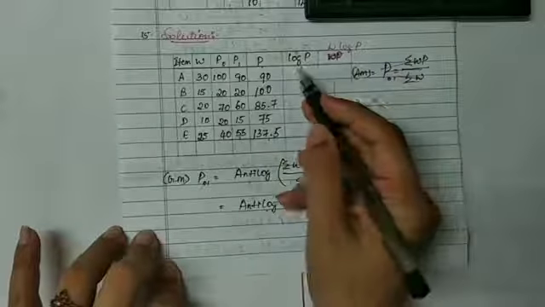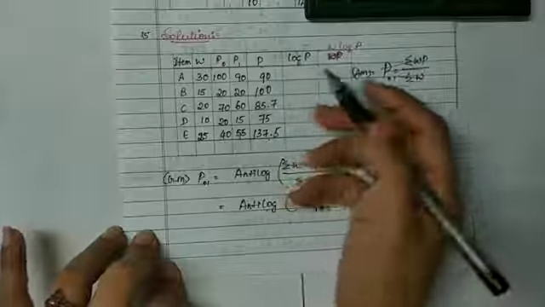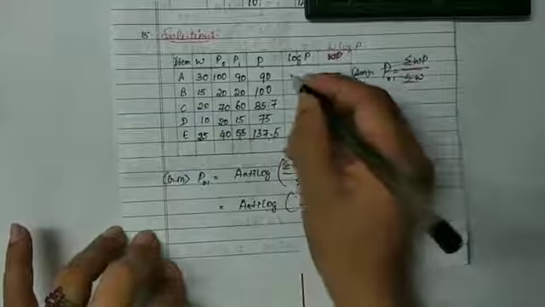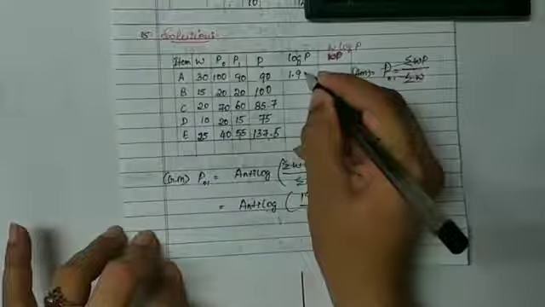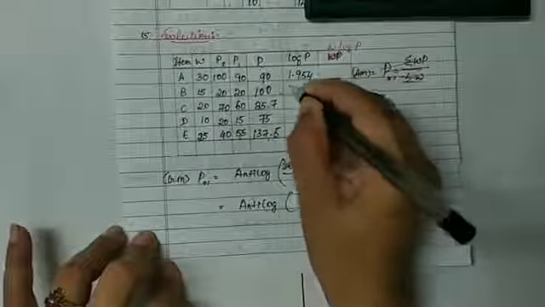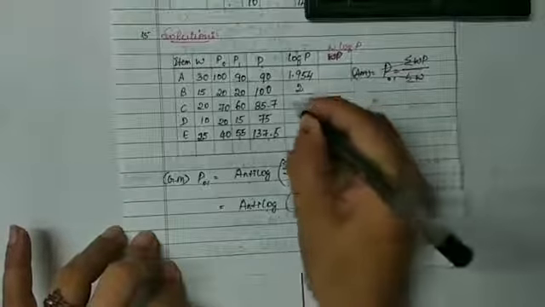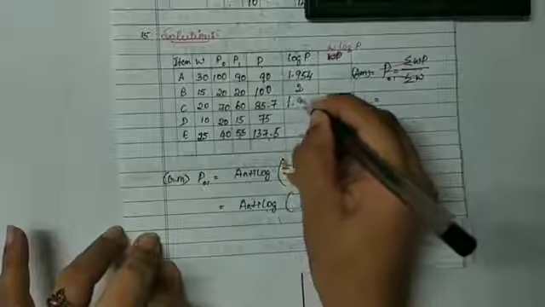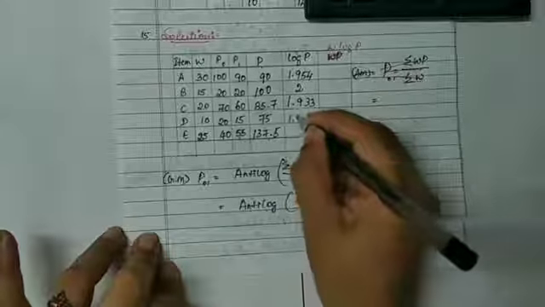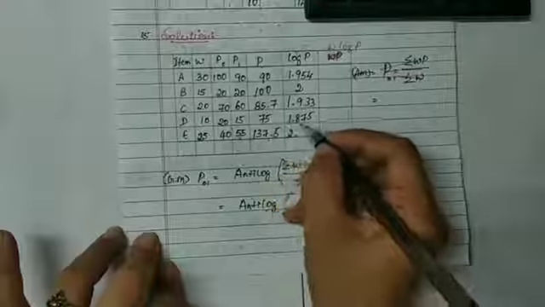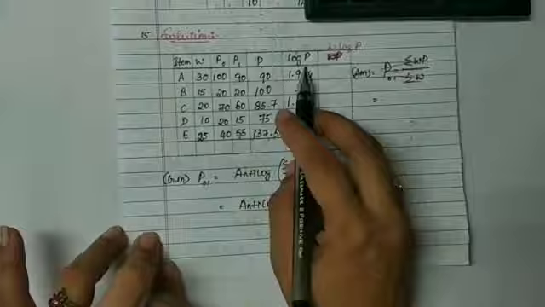How to calculate logarithm of P. So just calculate that: 1.954, 1.933, 1.875 and 2.138. We are done with log P.